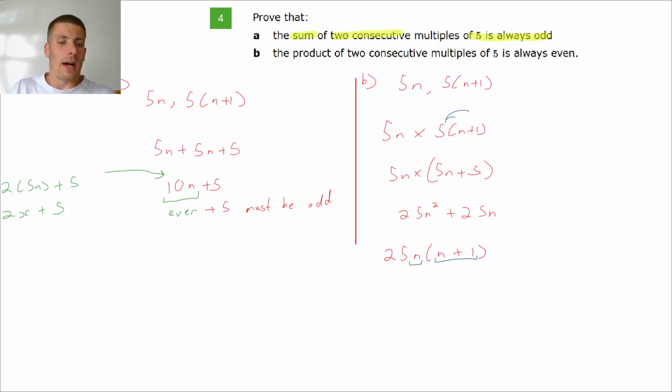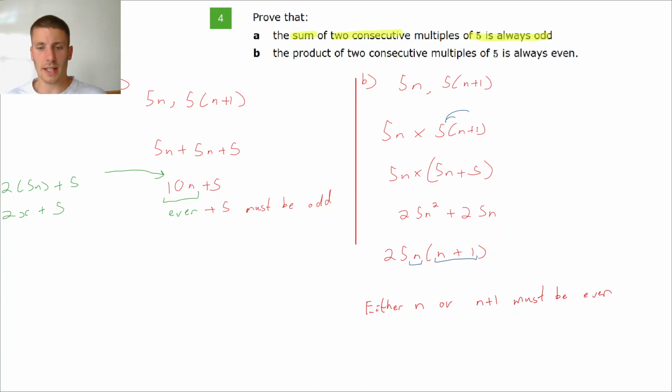Something like this, and let's do it down here. Either n or n plus 1 must be even, which means that this must have a factor of 2 somewhere, because either this part here is going to be even times by anything is even, or this part here, if that's an even number, is going to be even, so that times by anything is going to give you an even number.